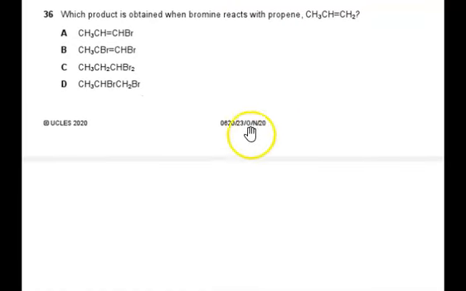Okay, which product is obtained when bromine reacts with propene?